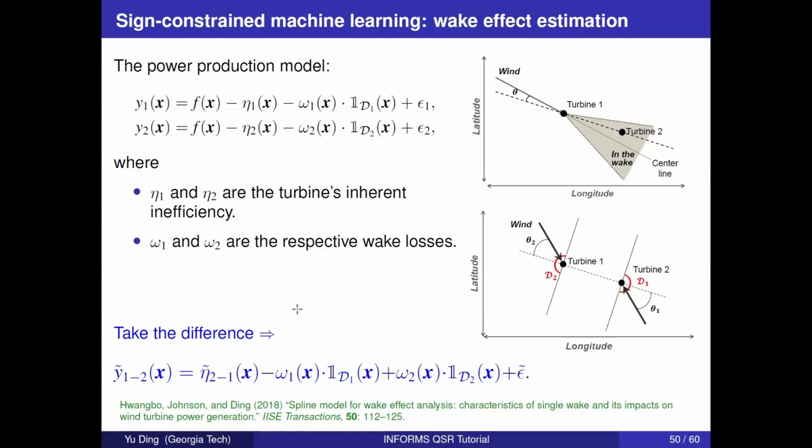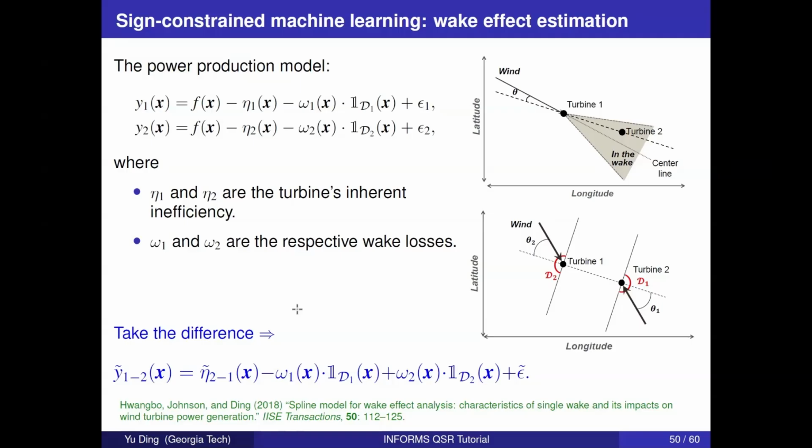So that's why f minus eta 1 reflects the actual production performance of y1, right? And then the third term is really the wake effect, right? You have a wake loss, which is omega 1, omega 2. But omega 1, omega 2 is always non-negative. They only exist when one turbine is in the other turbine's wake sector, and they don't exist when it's outside the wake sector. And the wake always reduces the power production. It doesn't increase the power production efficiency.